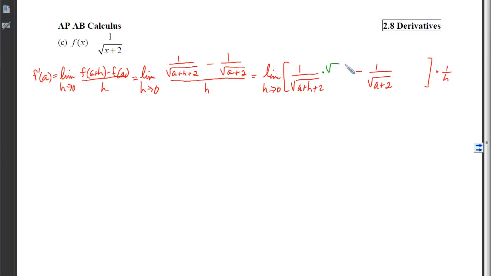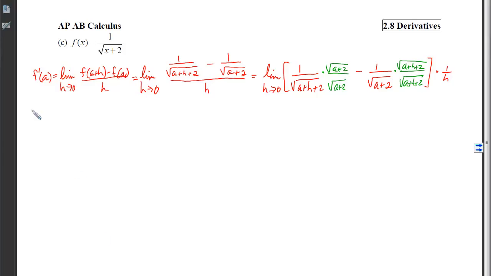So I'm going to make smart choices for 1 so that I create the same denominator for both of these terms. This one's missing the a plus the h plus the 2. So notice that I chose whatever factor was missing to create that common denominator, and that's a smart choice for 1.